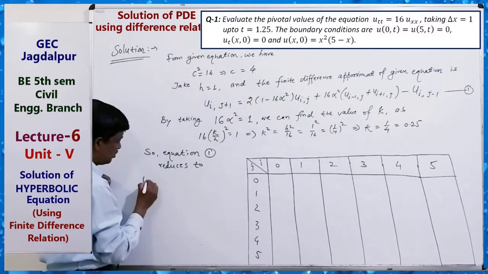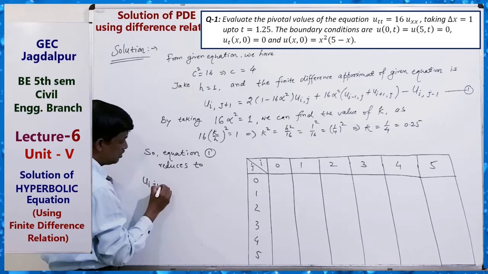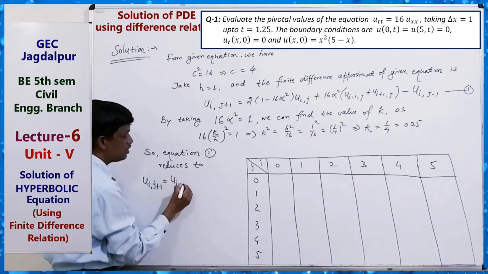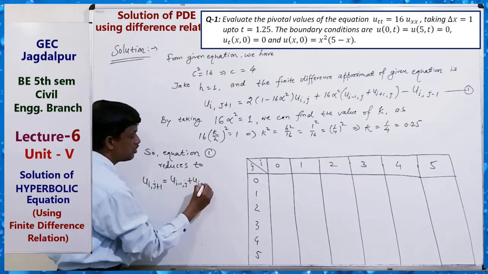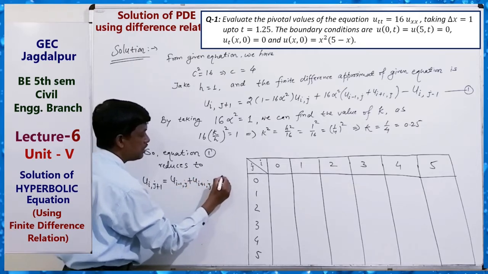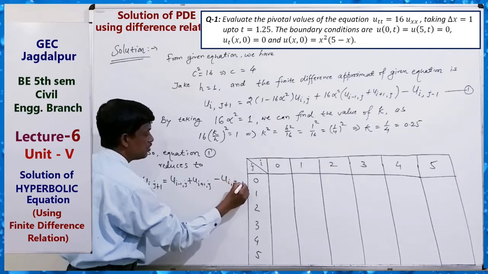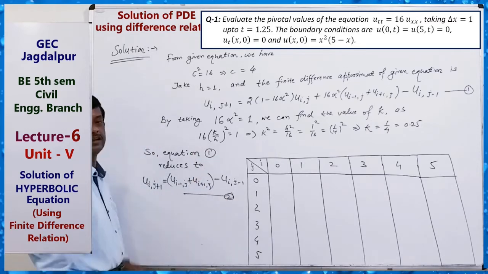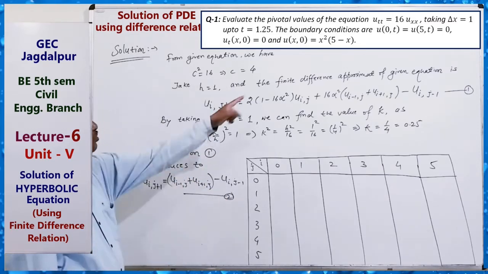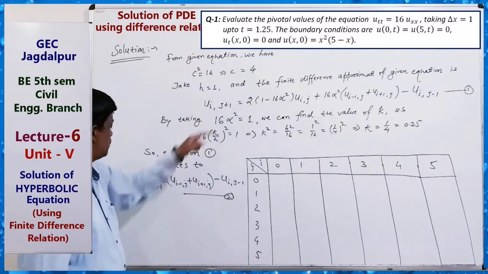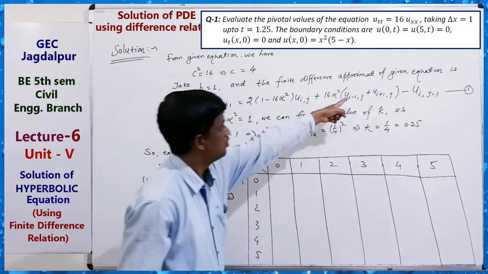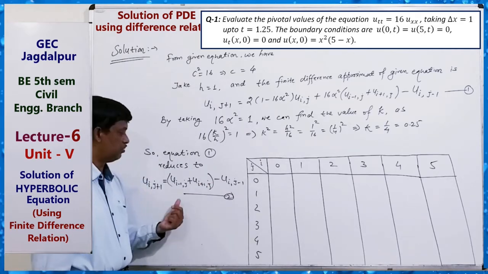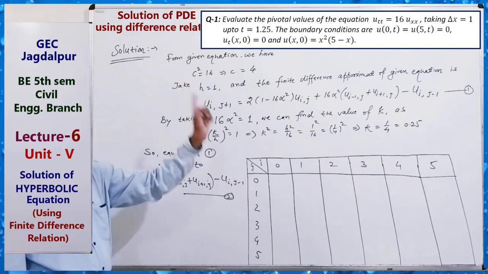So u i j plus 1 equals u i minus 1 j plus u i plus 1 j minus u i j minus 1. So this is our reduced formula. By using this formula we can get all the values.